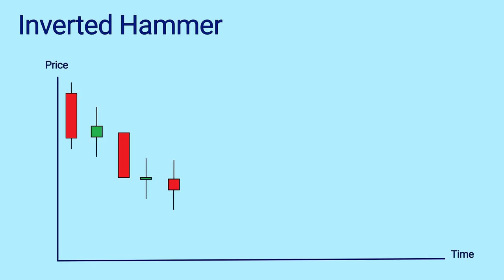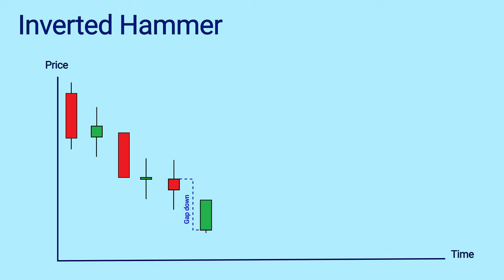We have studied the hammer, and the inverted hammer is much like that. How does it happen? You need to have a predefined downtrend. Then on a particular day, the price should gap down and open, and then buying pressure sets in. After the sustained down move, the bulls take control a little bit and push price higher.